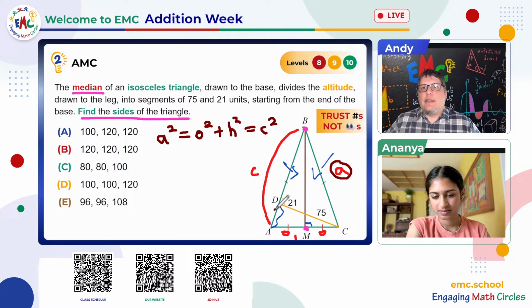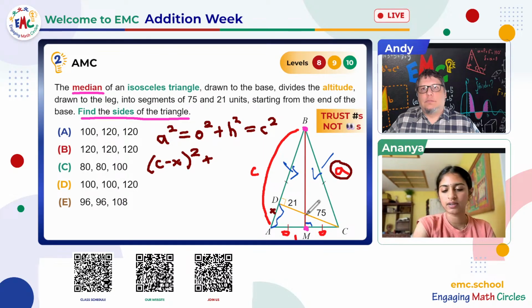Okay, let's call that x. So c minus x squared. When I find that, it unlocks the whole puzzle, so make it x. c minus x squared plus 21 squared.